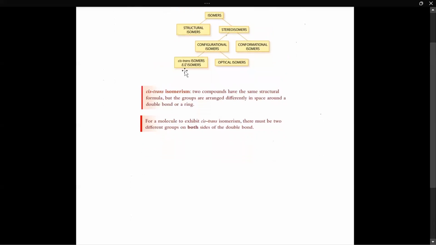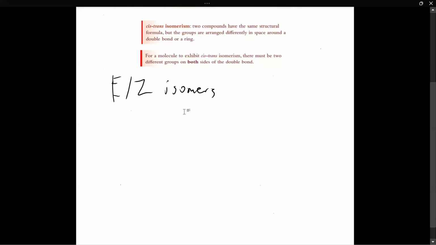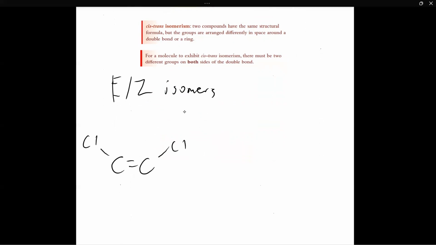Now let's move on to the next part, EZ isomers. And this is just a carry on from cis-trans. I showed you in cis-trans isomerism where molecules look something like this, right? You can classify that as a cis or trans isomer.